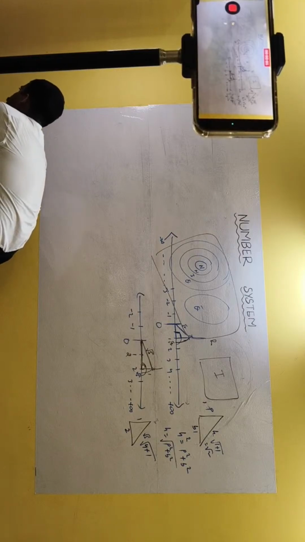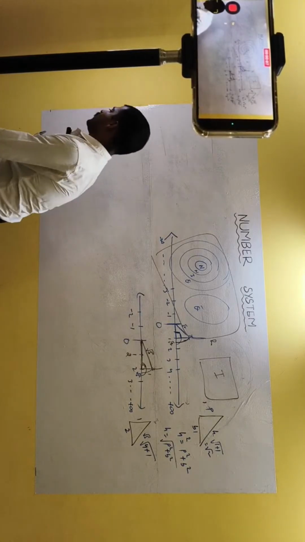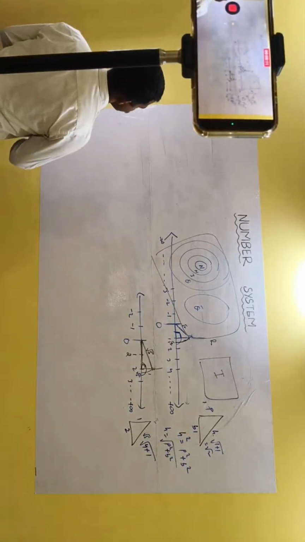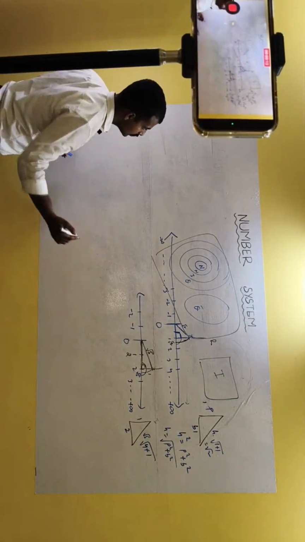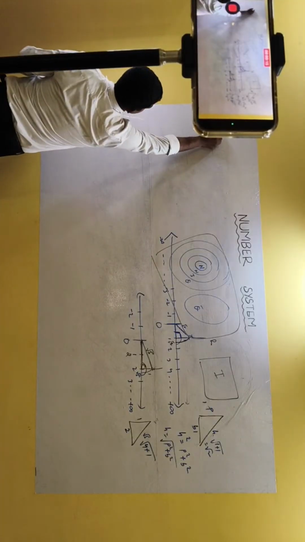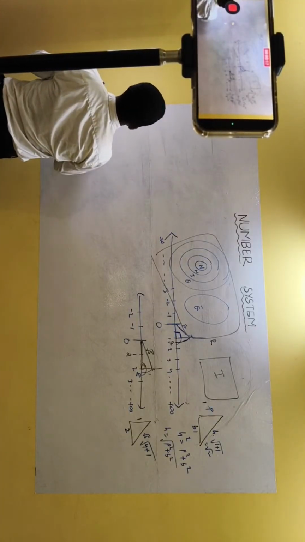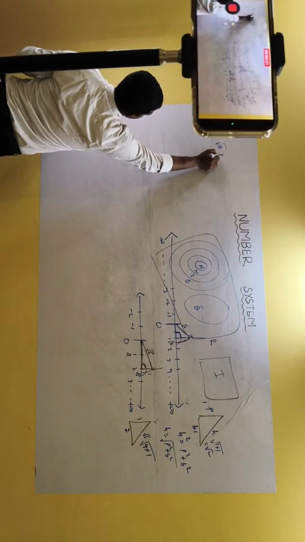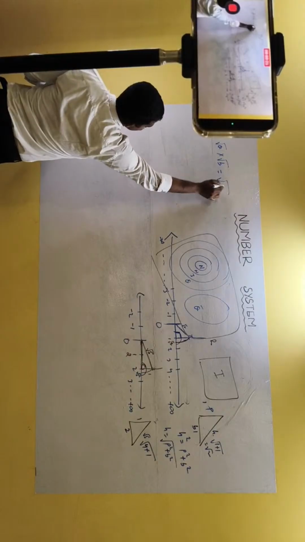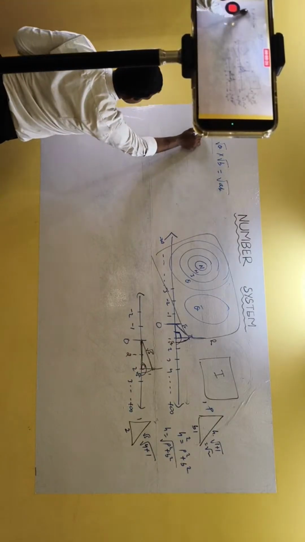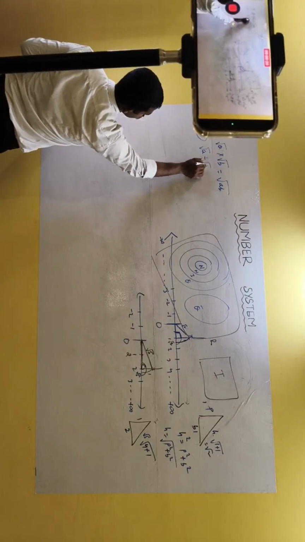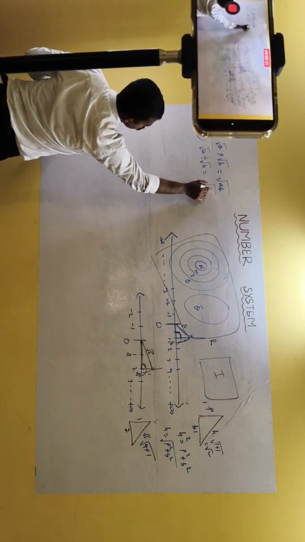Look at 6 root 5 by 2 root 5, multiplication: 6 root 5 into 2 root 5. The first point: root a into root b equal to root ab. Root a by root b equal to root a by b.